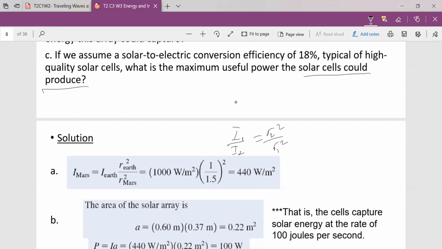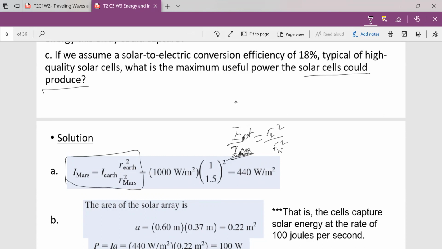So if Mars is your intensity 1 and Earth, if you make the Mars intensity the subject of the formula, you have this, cross multiplying and dividing by the coefficient of Mars. So making that the subject of the formula, that's how we got this expression.